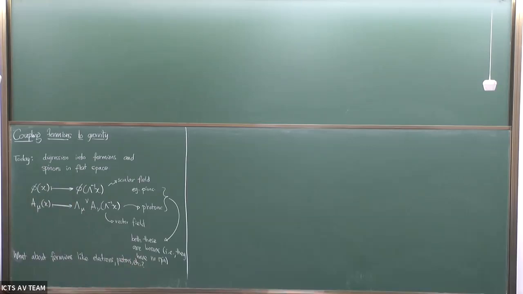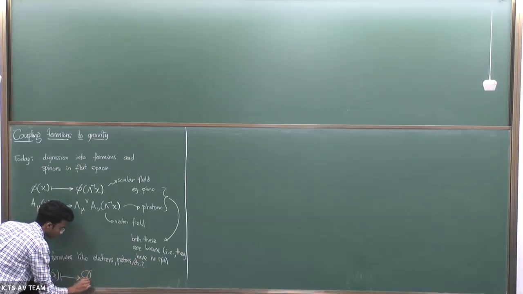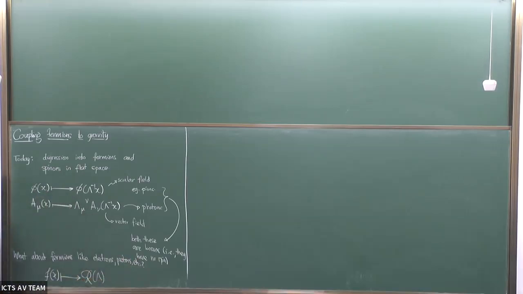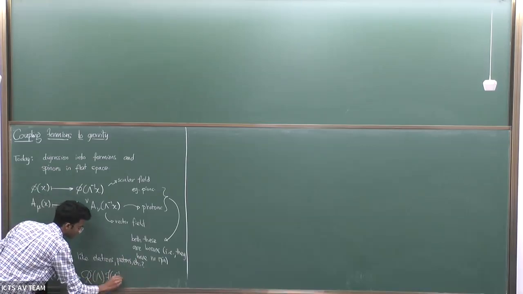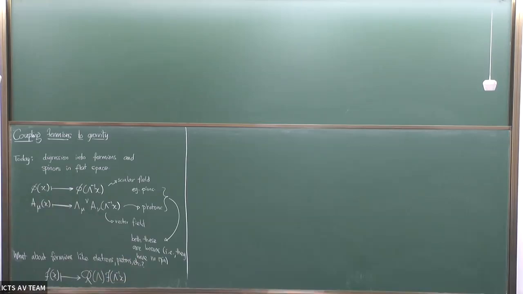So basically what you have to do is to study, given a field F, what is happening here. The lesson I want you to learn from these two is that you have some field F, which under a Lorentz transformation gets a matrix R of lambda, and then F of lambda inverse x. That's what's happening here.